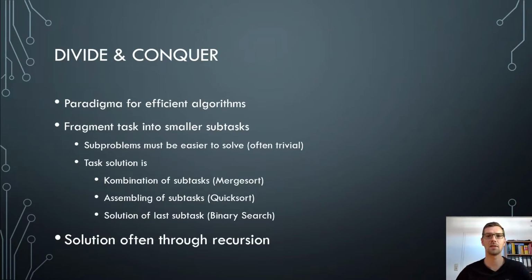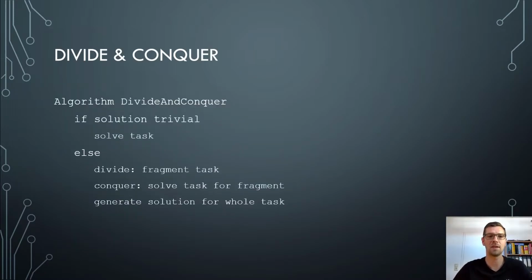Let us have a look how divide and conquer is done. We have here the algorithm divide and conquer. And at first, when we invoke this algorithm, we check, is the task already solvable or is it trivial? If so, we solve the task. And if not, then we go through our 3 stages of the divide and conquer strategy.